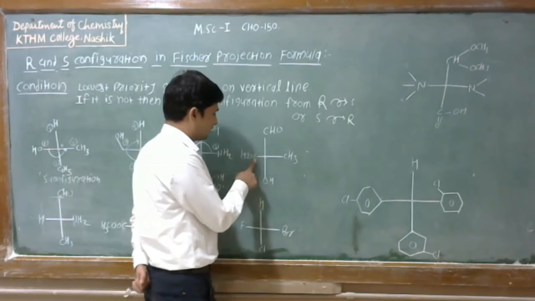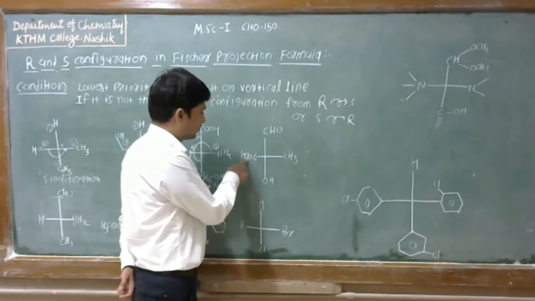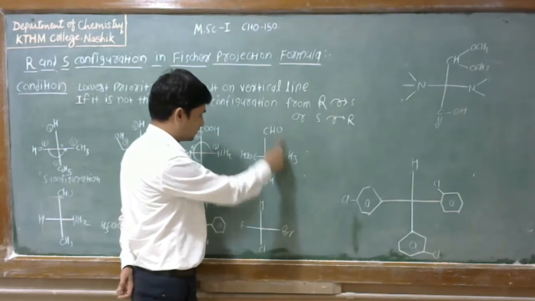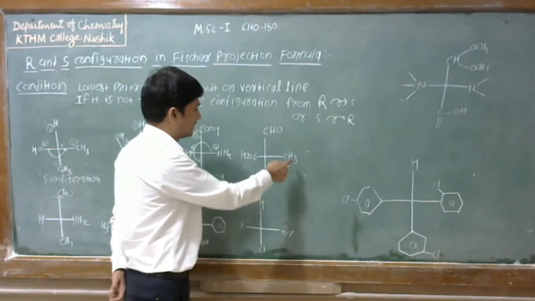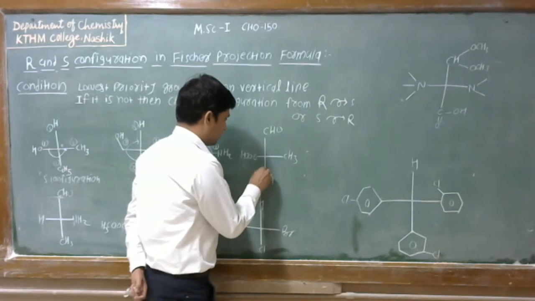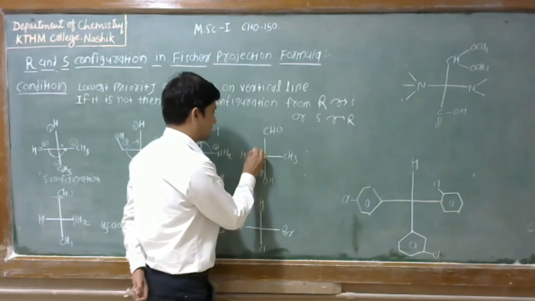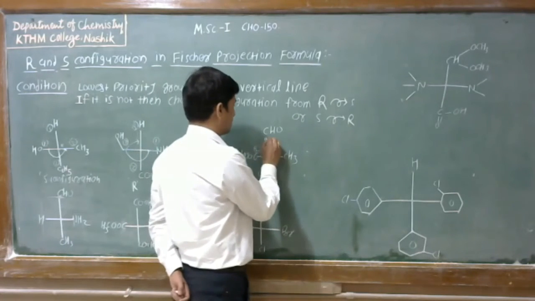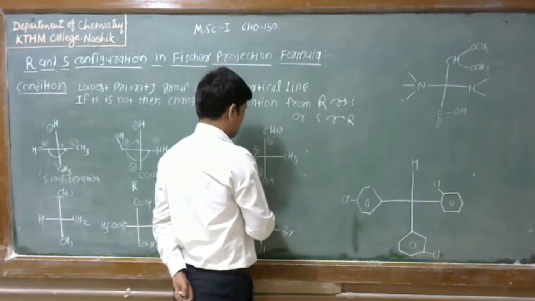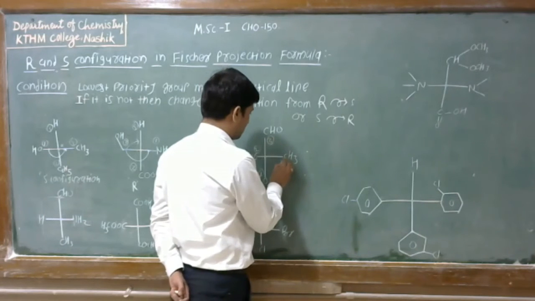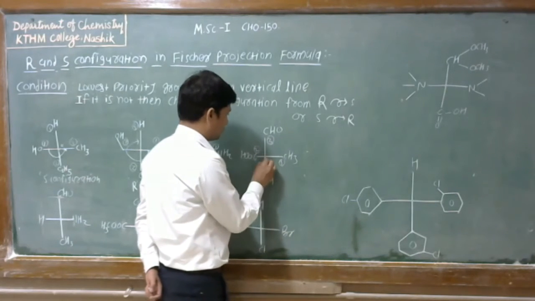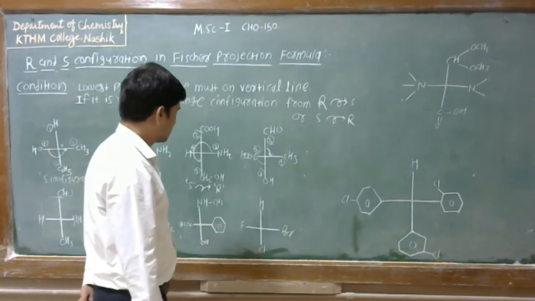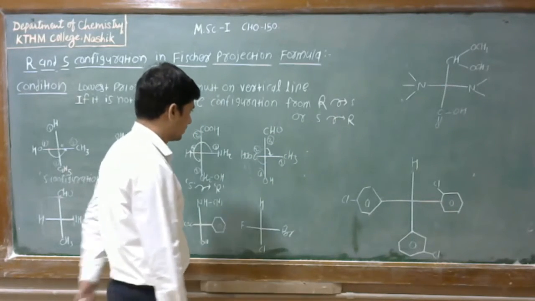Now, in the next compound, you can see here. See, this is the carbon attached to two oxygen groups. This is the carbon attached to one oxygen group. This is the oxygen, and this is the CH3. So oxygen has first priority, this carbon attached to two oxygens has second priority, this carbon attached to one oxygen has third priority, and this is the fourth priority. So we can move from 1 to 2 and 2 to 3, but the lowest priority group, that is CH3, is on the horizontal line.